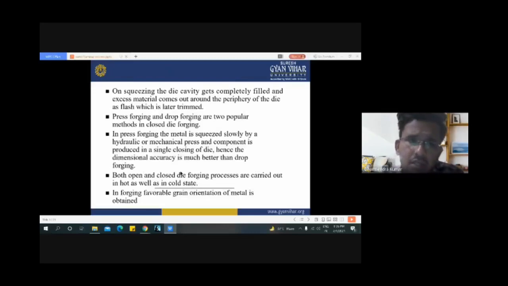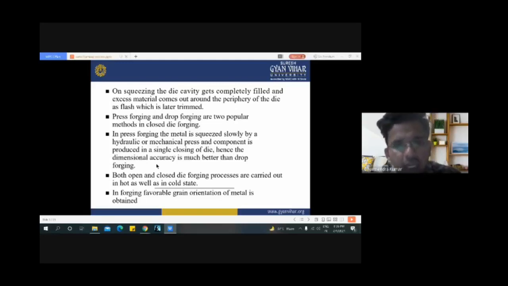Now the other is press forging process. Press forging or drop forging are the two popular methods in closed die forging. Basically, closed die forging is divided into two groups: press forging and drop forging. In press forging, the metal is squeezed slowly by a hydraulic or mechanical press, and the component is produced in a single closing of the die.